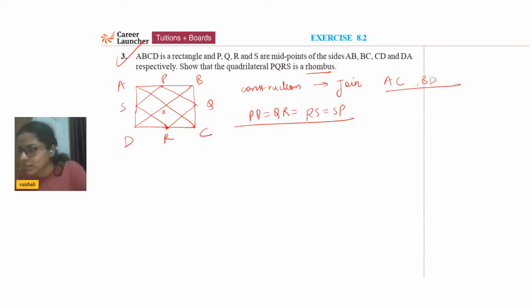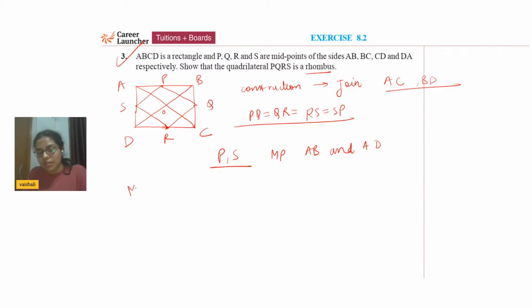Yeah, that is it. So let us focus on the fact that because मुझे PQ is equal to QR दिखाना है, so why not first of all show that consider P and S are the midpoints of the sides AB and AD. ठीक है, P and S are the midpoints.